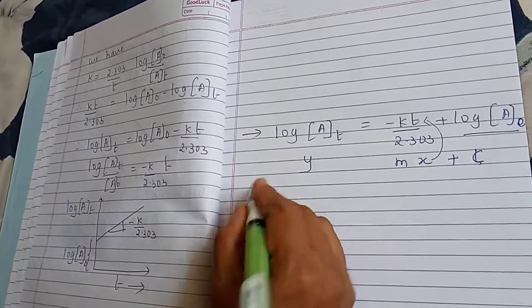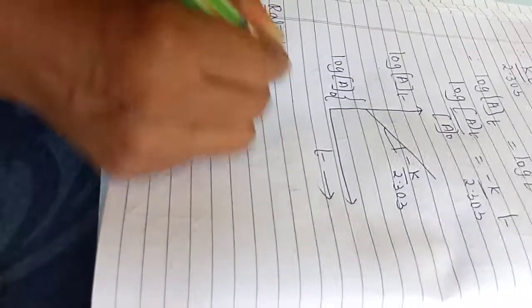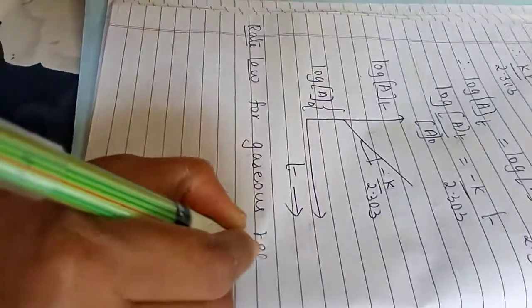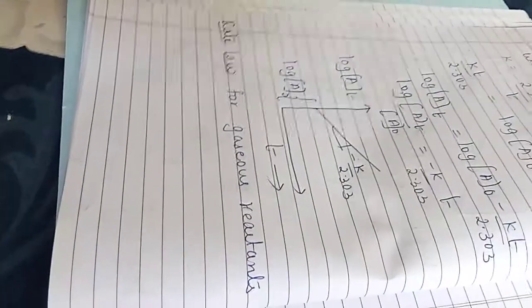Now we will calculate the rate law. हां बघा रे, आता पुढचं बघा, we will calculate the rate law for gaseous reactants. Now what is the meaning of gaseous reactants?